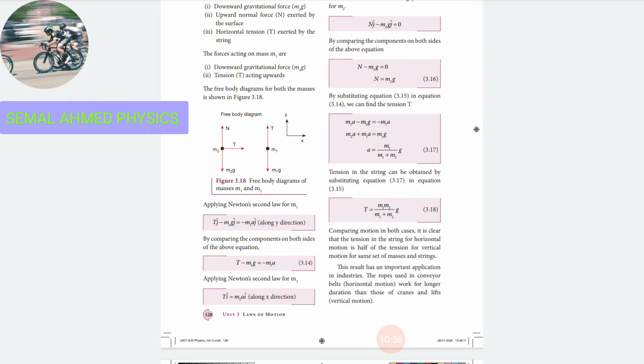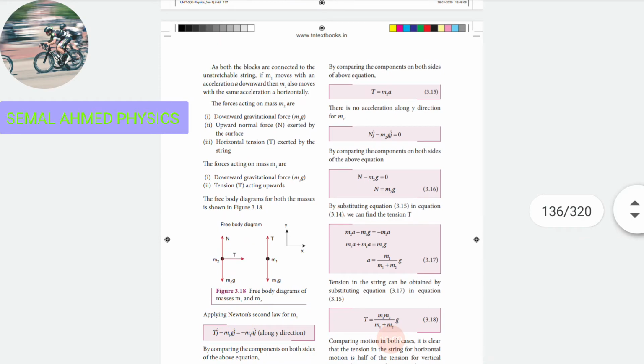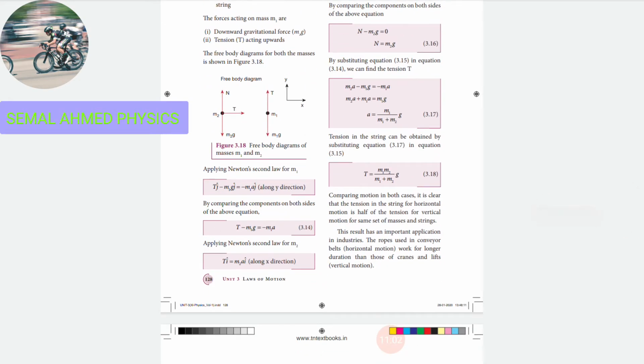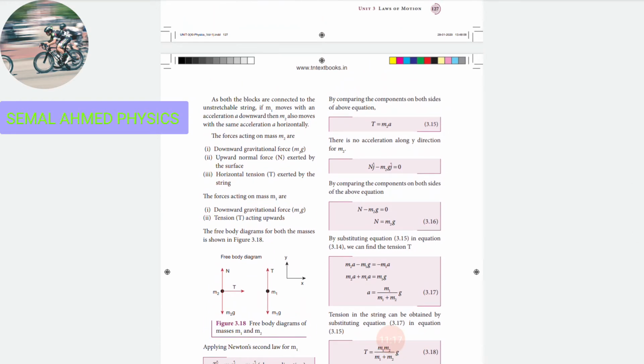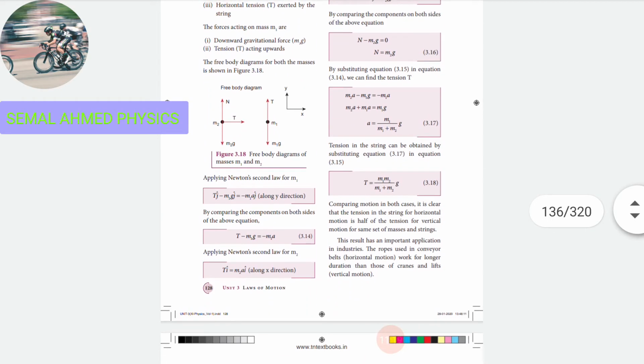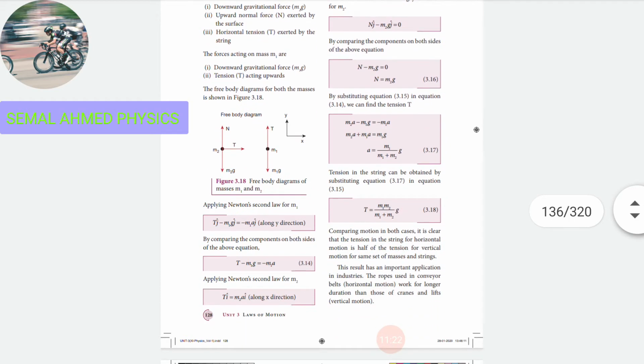This is equation 3.14. Next, applying Newton's second law for m2: T is equal to m2 a. So m2 a is for mass m2, and for mass m1 it becomes T minus m1 g equals minus m1 a.